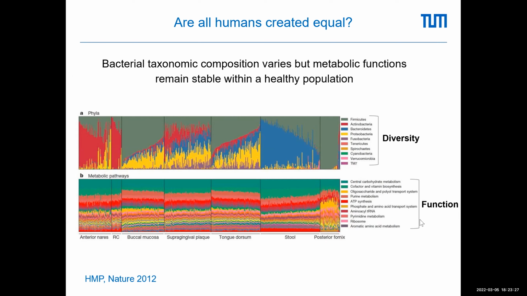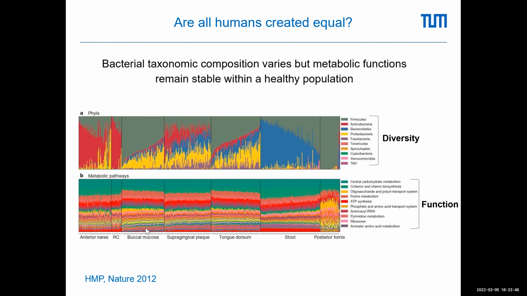On the other hand, when we look at the function, here they did shotgun metagenomics of all these body site samples from different humans in this project. And what you can see is the opposite picture.